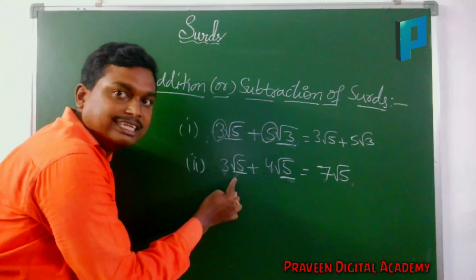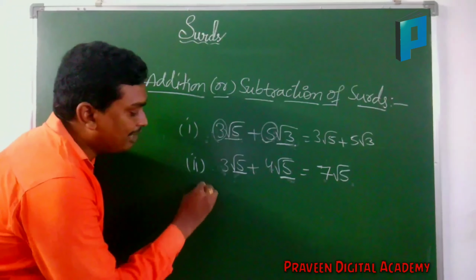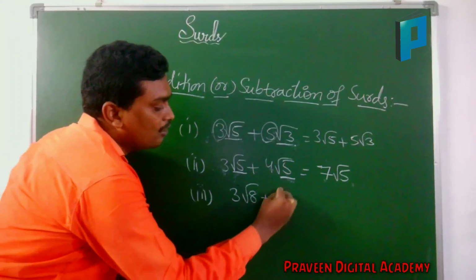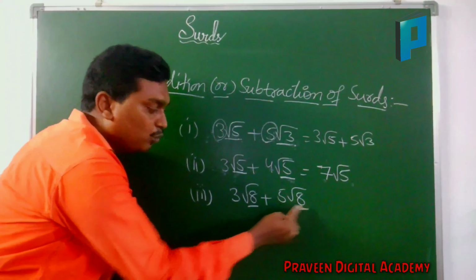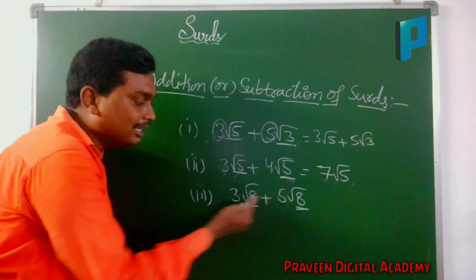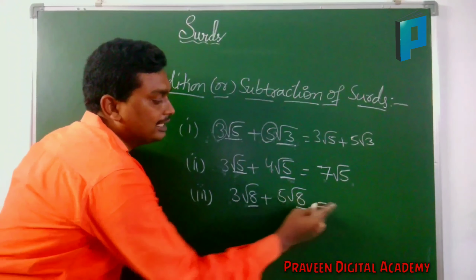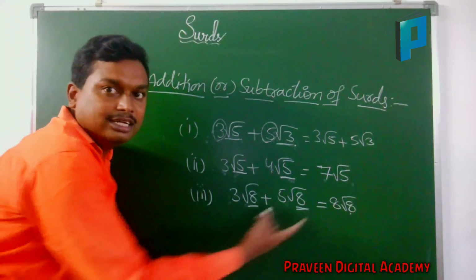When roots are same, then only we add the rational factors. If you are having 3 root 8 plus 5 root 8, here roots are the same, so we can add the rational factors. 3 plus 5 is 8, so 8 root 8.